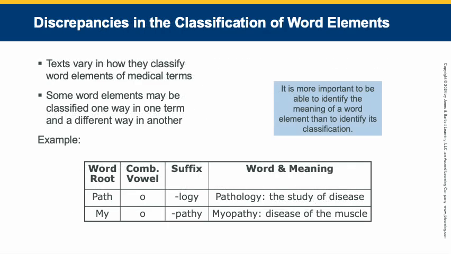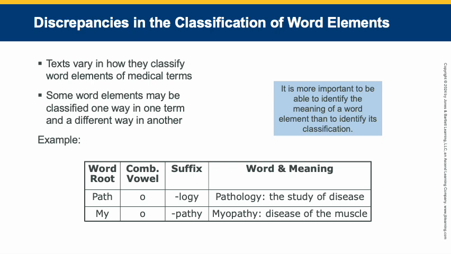Discrepancies in the classification of word elements. Texts vary in how they classify word elements of medical terms. Some word elements may be classified one way in one term and a different way in another. So it's more important to be able to identify the meaning of the word than its classification. As far as you go, you mainly need to know what it means.